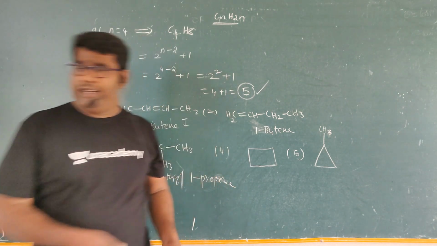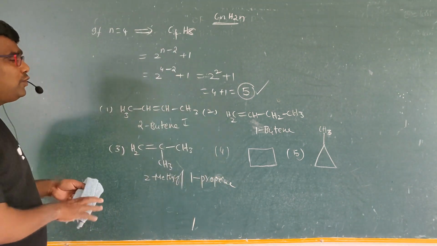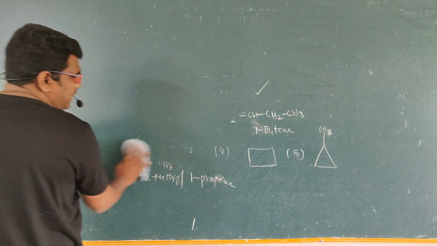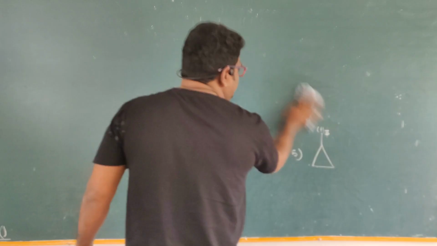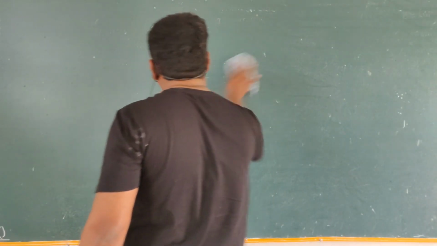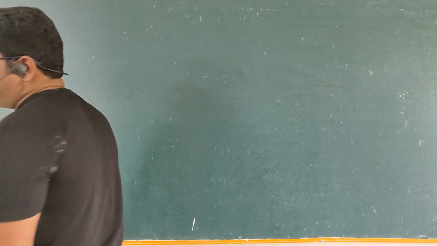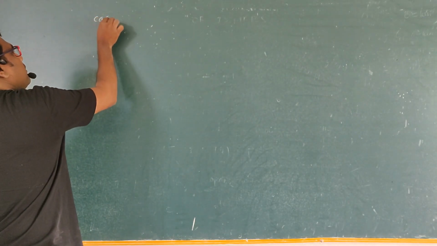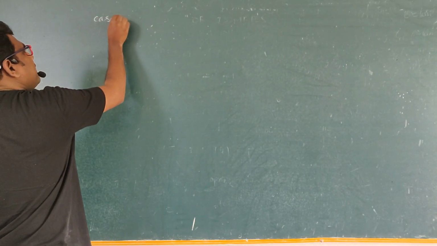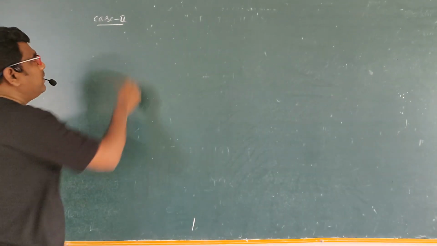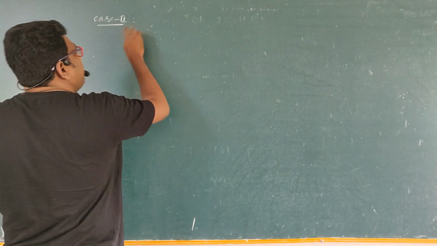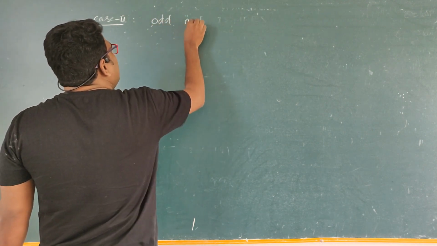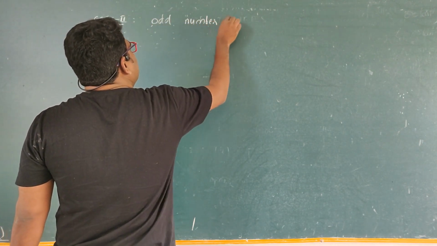Okay. Next, case 2 in alkene. What is case 2? Case 1 is if the number of carbons is even, and the formula is 2 power n minus 2 plus 1. Case 2 is if the number of carbons present in alkene is an odd number. What is the formula? 2 power n minus 2.